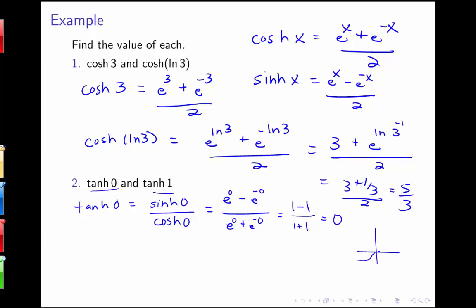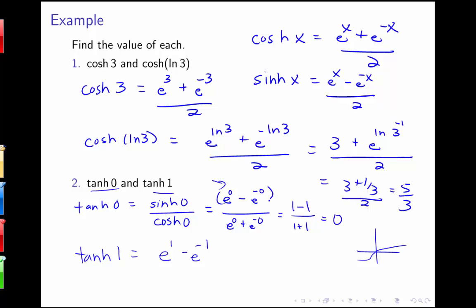Okay. And what about hyperbolic tangent of 1? Well, here I would have e to the 1 minus e to the negative 1, if I just go straight to plugging it in with the definition. Oh, excuse me, I missed a step here.